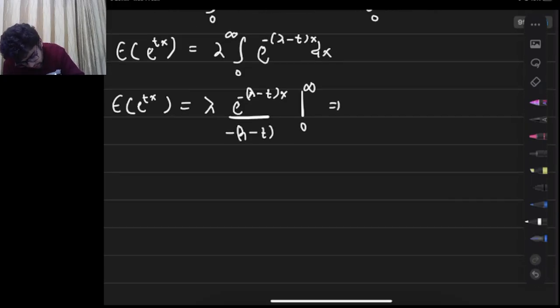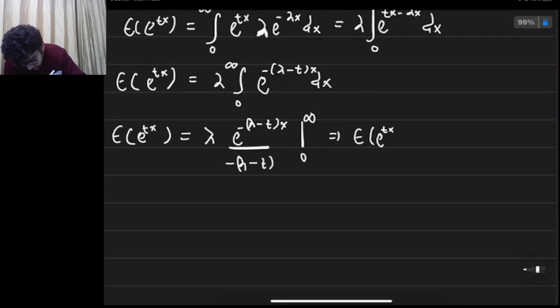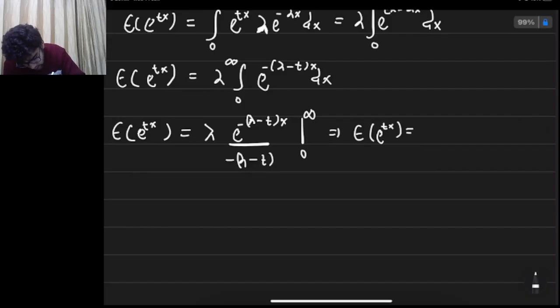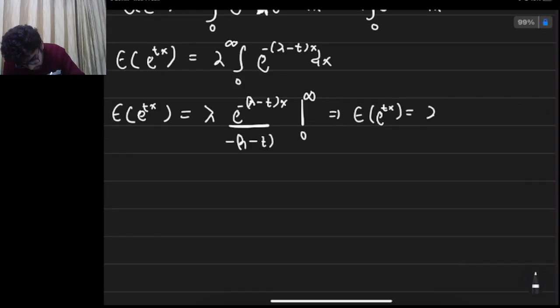So this becomes lambda upon minus lambda minus t, and e to the power minus infinity becomes 0 again, and this gives me minus 1.